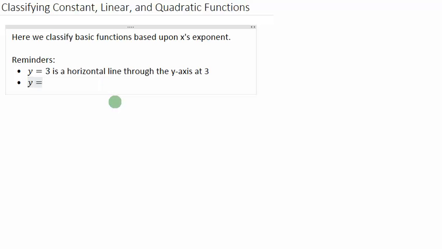If we look at something like y equals 2x minus 5, you can see that you do have x to the first power. This graph is a slanted line.